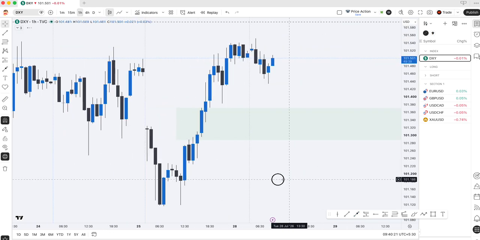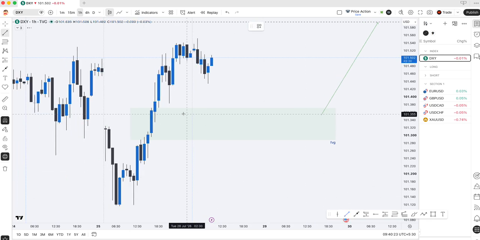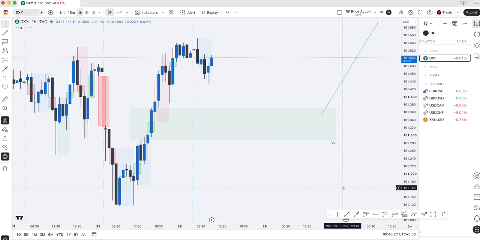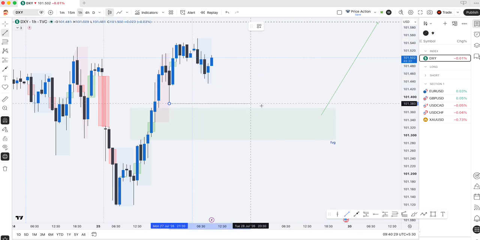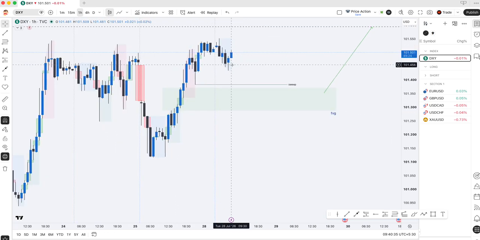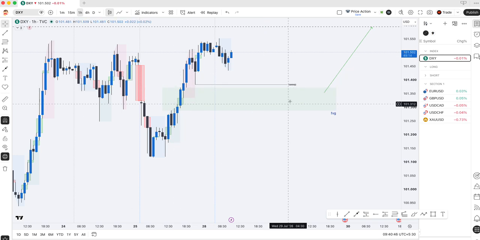Let's look at hourly if we have any swing points. Yes, we have. This is really important for price to have a swing point which is near the fair value gap. So what I'm expecting now is either London to open, sweep the Asian, sweep this swing point and tap into fair value gap and push to the upside, or London just pushes to the downside.